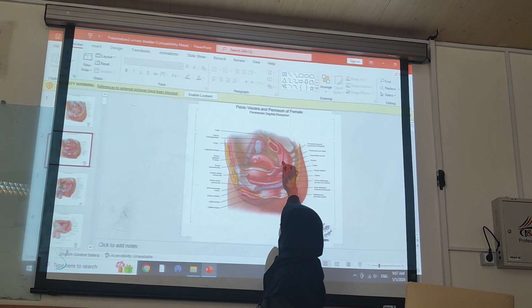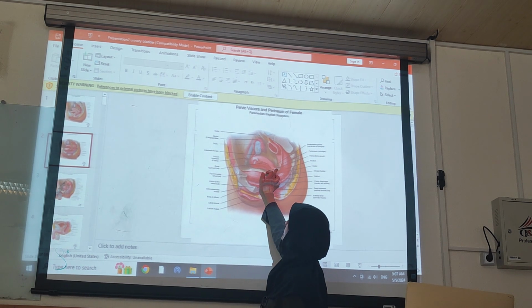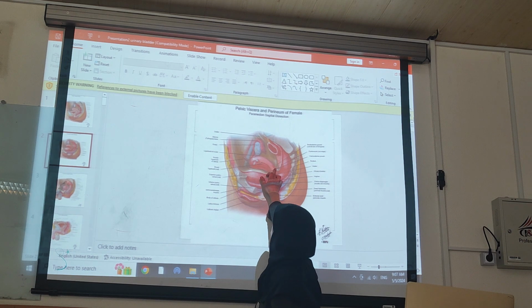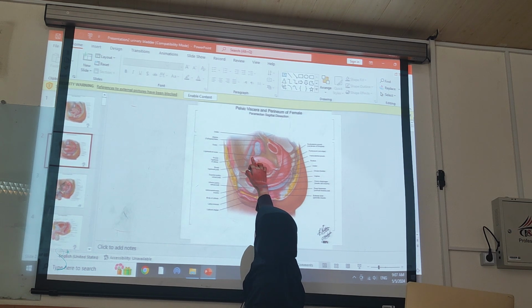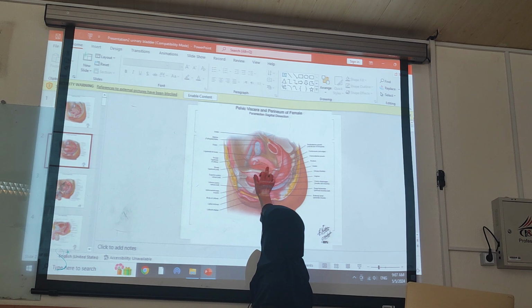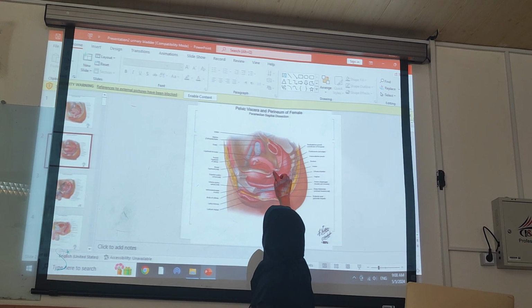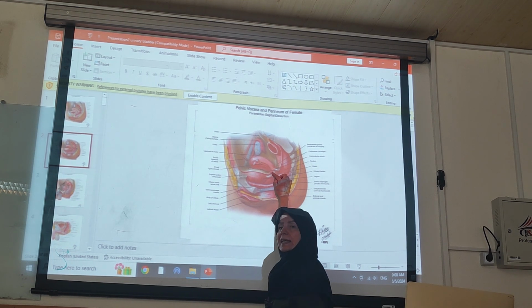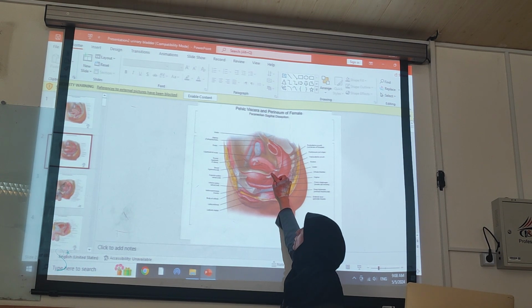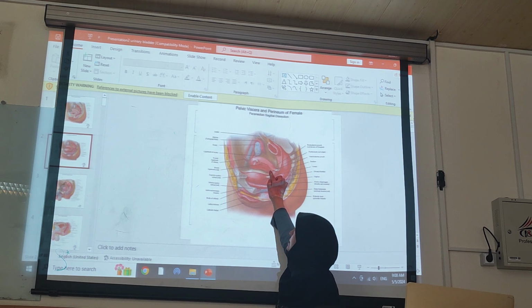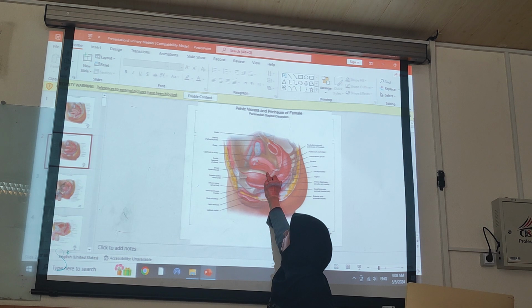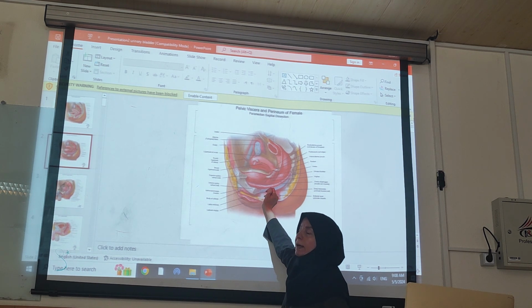This peritoneum very soon reflects to the posterior surface of the vagina, goes to cover the posterior surface of the uterus, the anterior surface of the uterus, and reflects to the superior surface of the urinary bladder. So if you imagine, here is the cervix, the neck of the uterus, posteriorly this cervix is covered by the peritoneum, but anteriorly this cervix is never covered by the peritoneum, because this peritoneum very soon reflects to cover the superior surface of the urinary bladder.